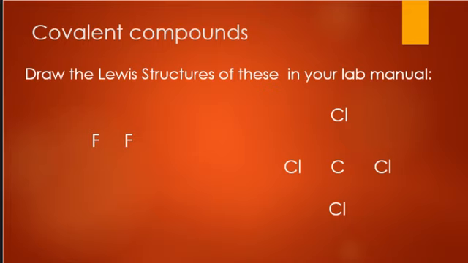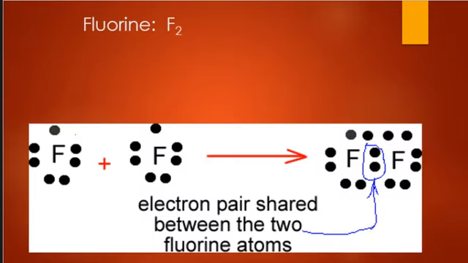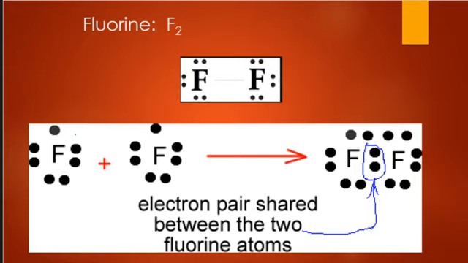All right, so we're going to start with fluorine, and we're going to see what group it is in. So our first thing in our rules, we're going to find how many valence electrons does it have? 7. And so it's going to try to complete that. So we have 7 and 7, and what they're going to do is put those together, and we're going to have F2 with a single bond.